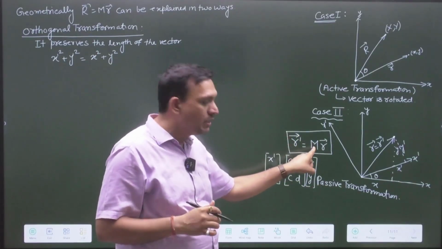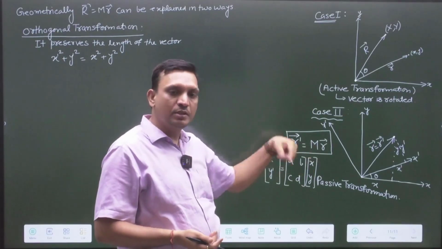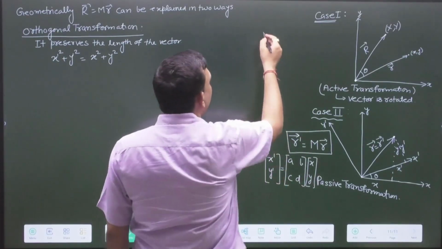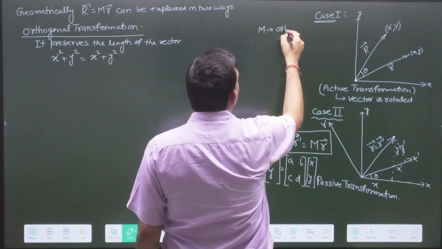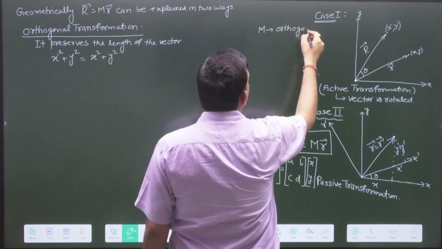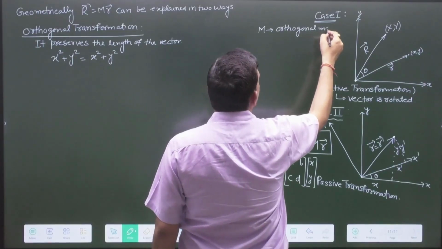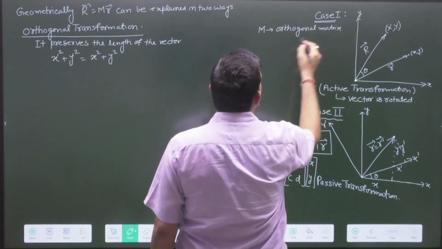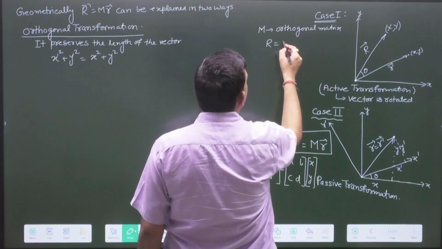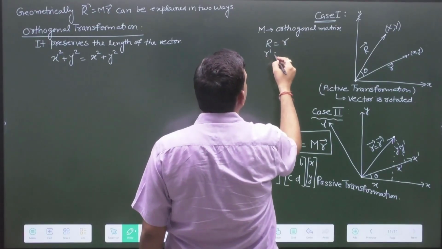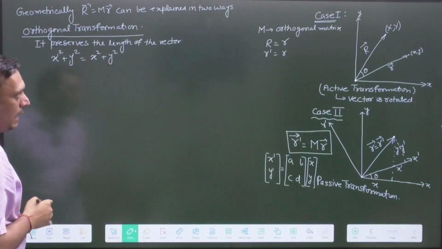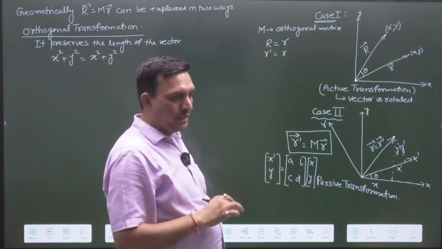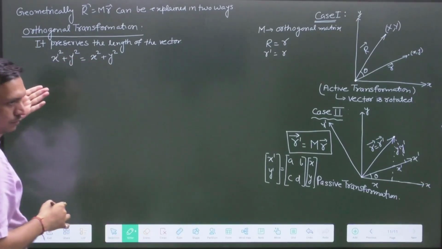Then R is equal to R dash in magnitude. The length of the vector will not change, and you can check that also.